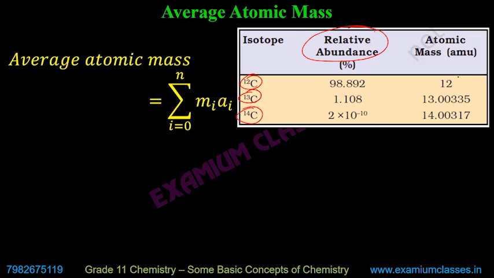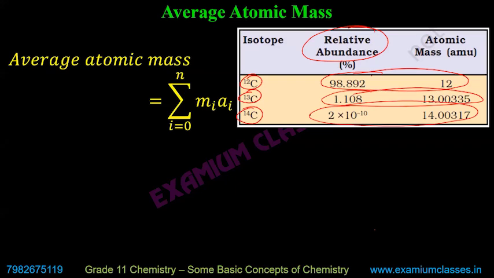And their atomic masses: carbon-12 is 12, carbon-13 is 13.00335, carbon-14 is 14.00317. So to calculate the average atomic mass, we will calculate this atomic mass, this atomic mass, this atomic mass, and we will add them.